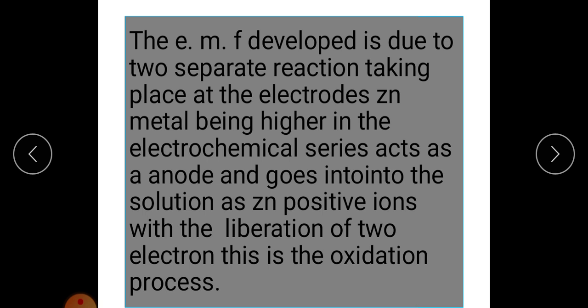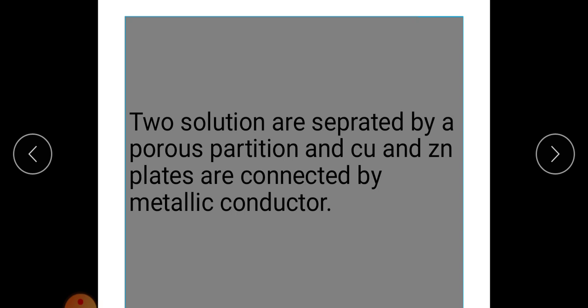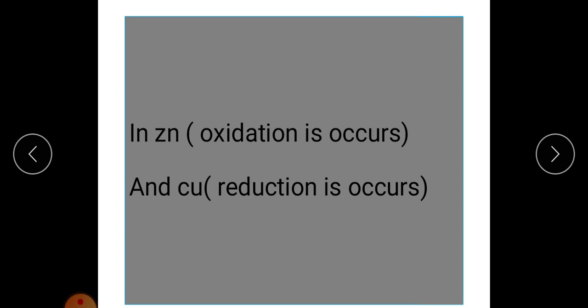This is all the explanation which I already told in this diagram. We can see here in Zn oxidation occurs, and in Cu reduction occurs.